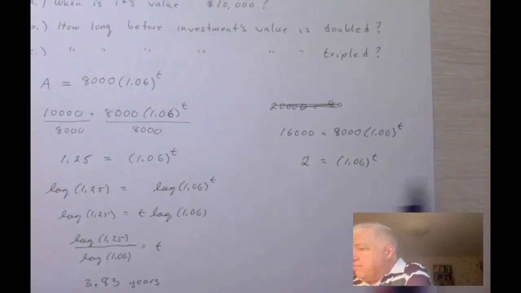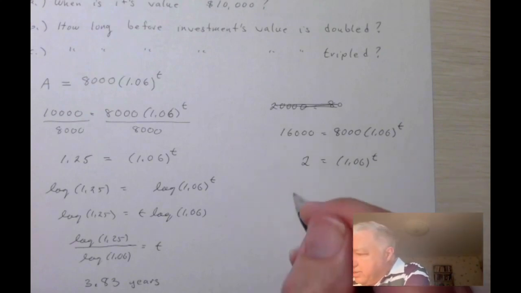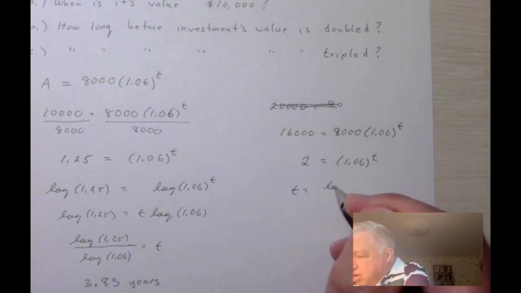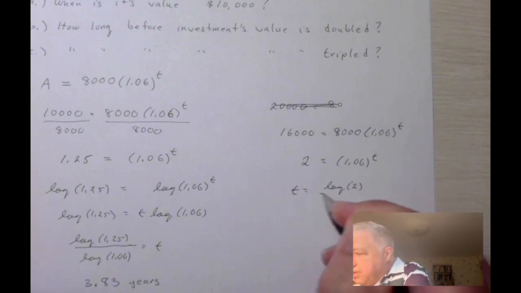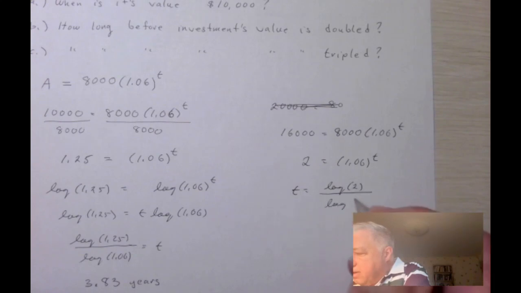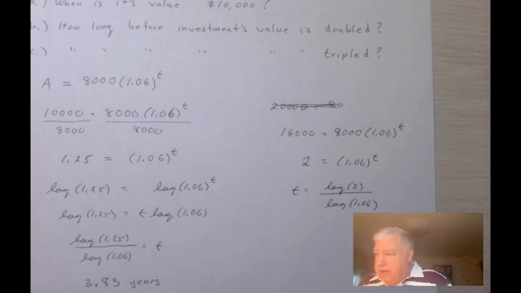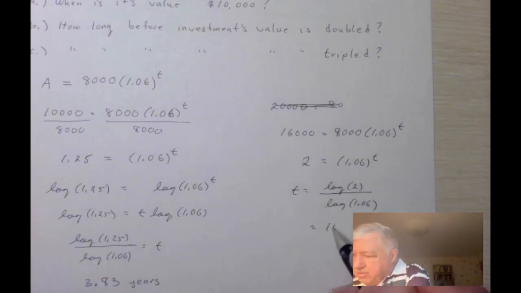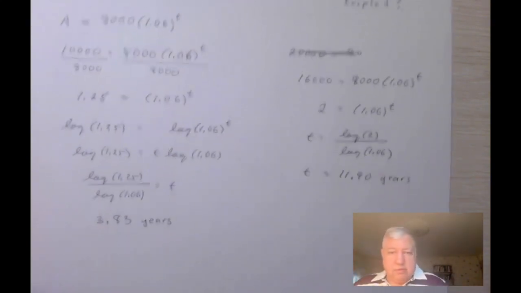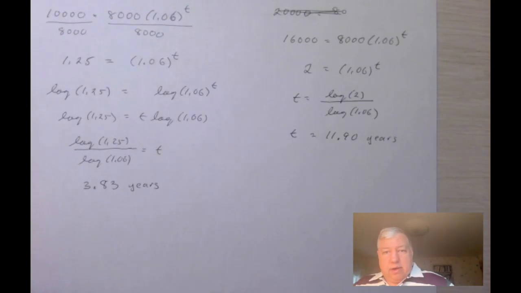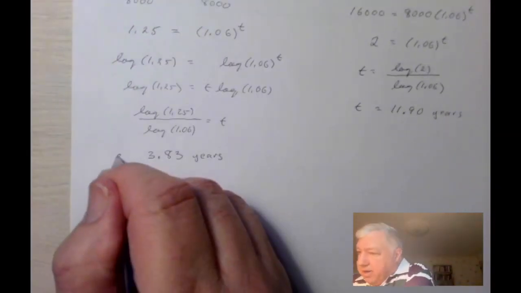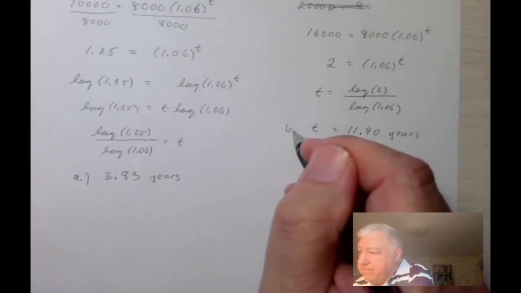Taking the log of both sides, t is going to be the log of 2 divided by the log of 1.06, which is approximately 11.90 years. So this is for part A, and this is for part B.